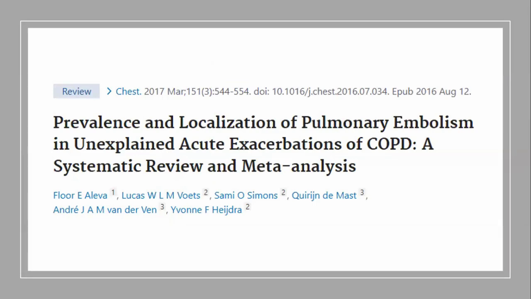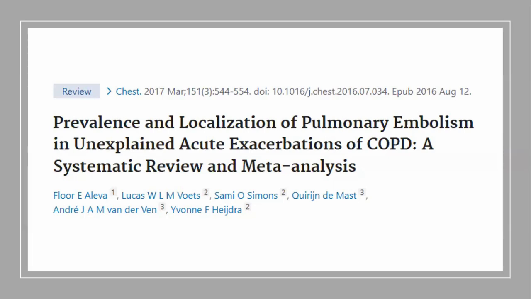So they reviewed 22 articles, and 7 were included in the meta-analysis and systematic review. And they found that there was an incidence of 16.1% of PEs in unexplained acute exacerbations of COPD, and that was in a total of 880 patients.